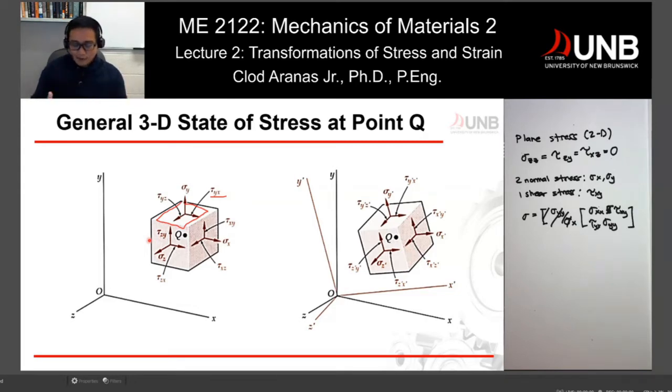Now, why do you need to rotate your stresses? For example, your container is not as smooth as your aluminum can. It could be a pipeline in oil and gas wherein you have welded parts. What do I mean by welded parts? Imagine that this is a piece of steel. In industry, they manufacture a pipe by twisting this piece of plate.